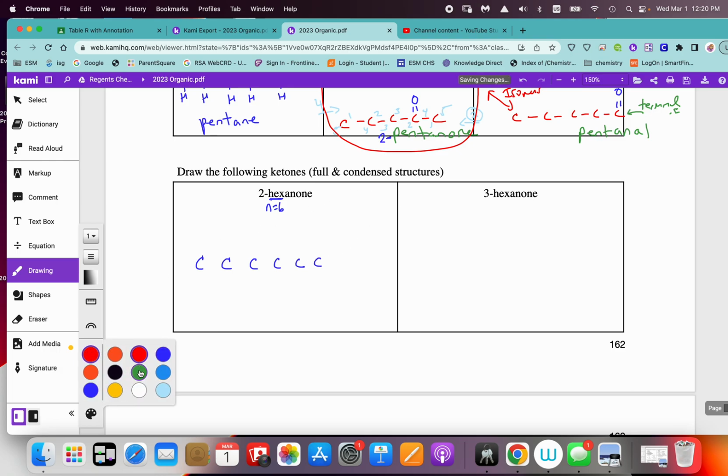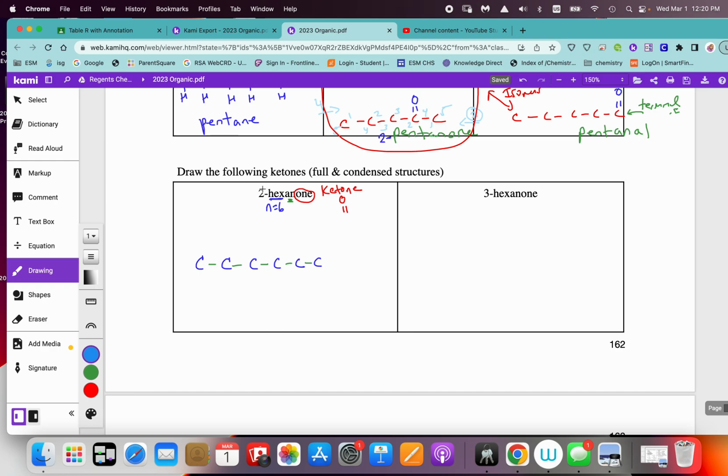And then I notice it's an -ane, so it's an alkane, so it's all single bonds between those 6 carbons. And I notice that it ends in -one, so that means that it's a ketone. So I have to add a double bonded oxygen to the structure.